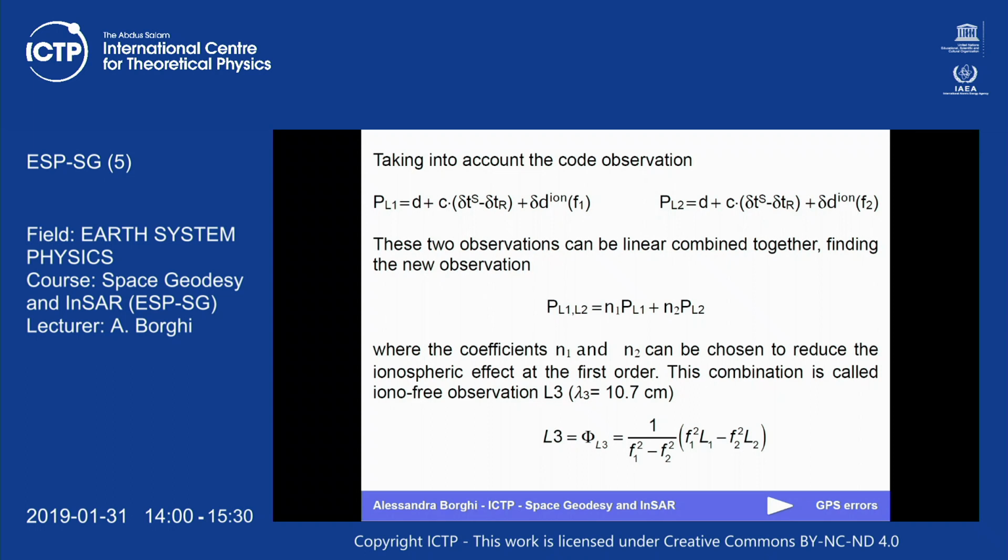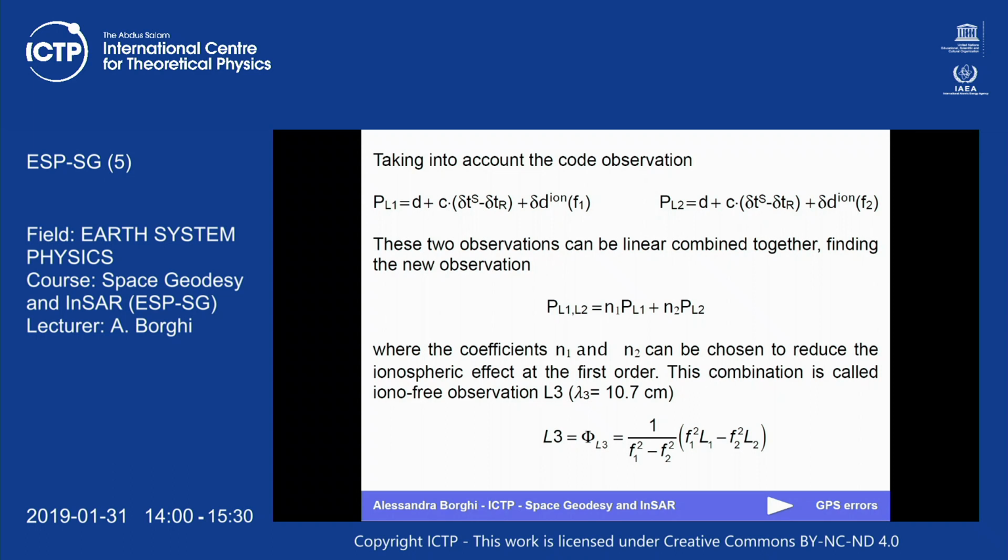For instance, here we have the P code observation, and here I put the phase observation, but it's not a problem, it's just that we have seen them with different insights. This is the pseudo-range observation obtained by code for L1, and this for L2.